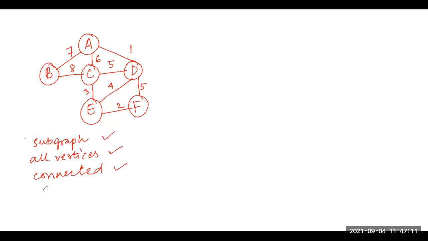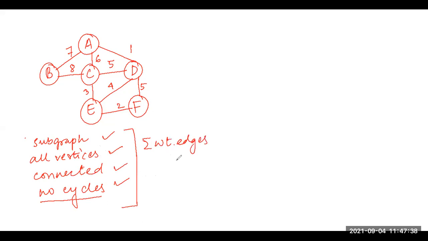And there will be no cycles. If in adding any edge to my subgraph I see that a cycle is forming, then I will discard that edge. So no cycles should be there. And after maintaining all this, I will do the summation of the weights of all the edges.